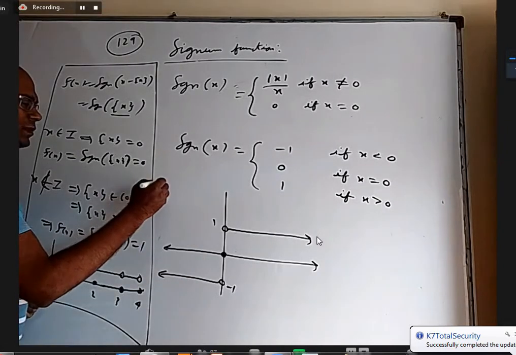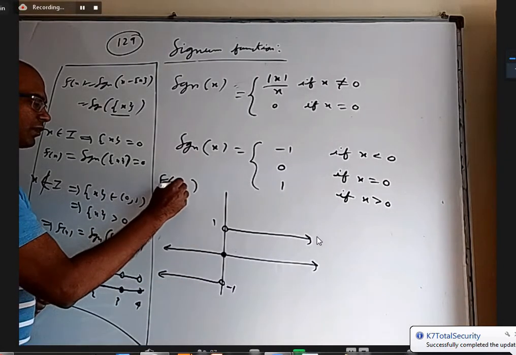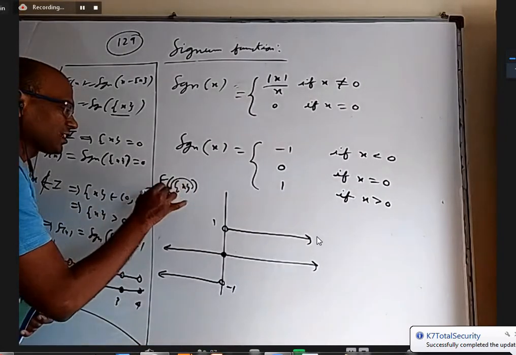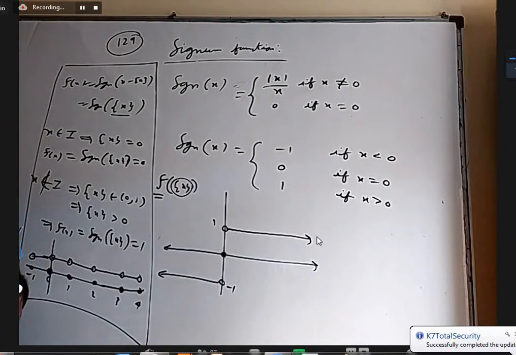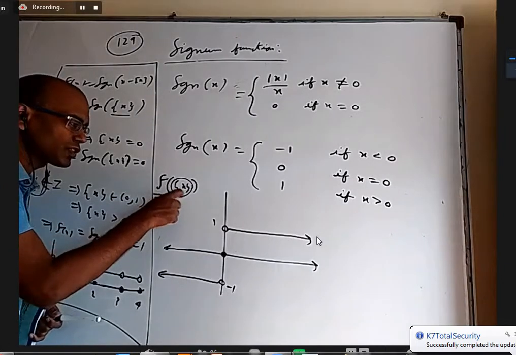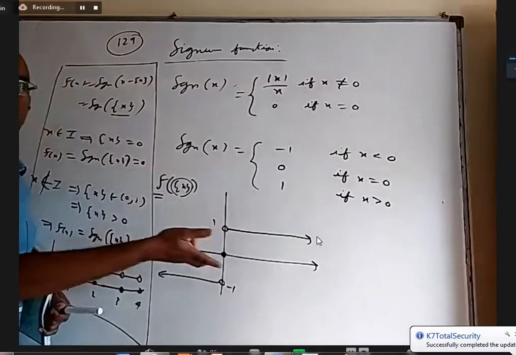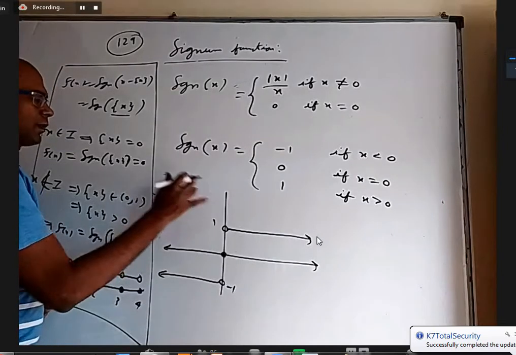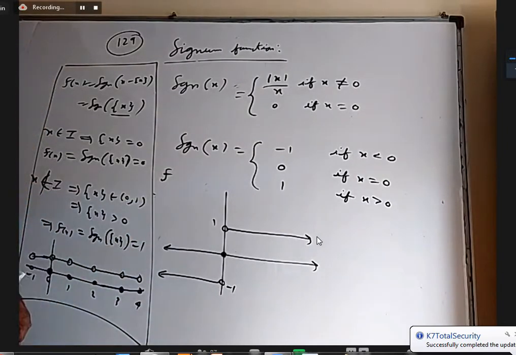If somebody asks me f of fractional part of X, I don't know what f is, doesn't matter. Because of fractional part of X, the period is 1. Why? You replace X with X plus 1, no change here. If there is no change, f of that also has no change. In fact, whether f is periodic or not is not at all important.